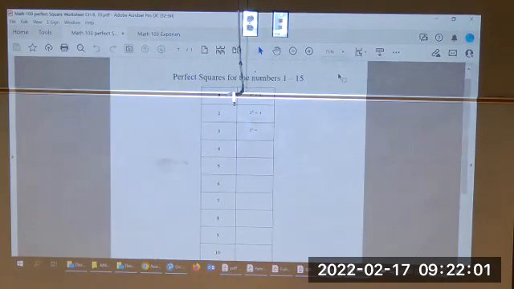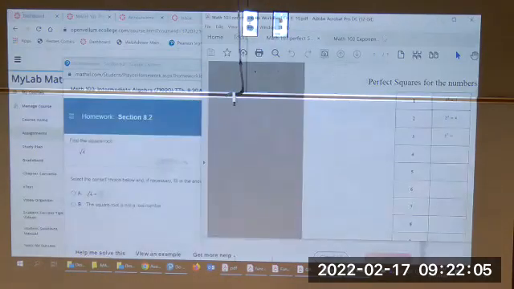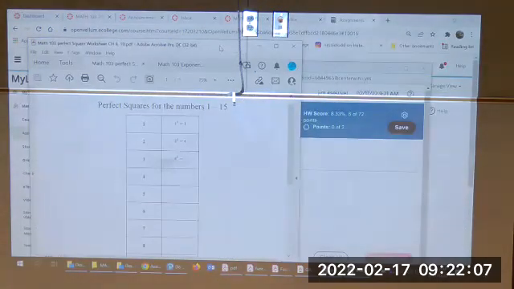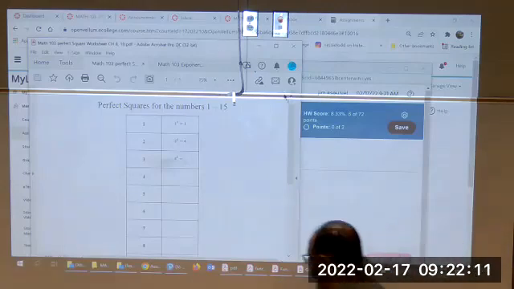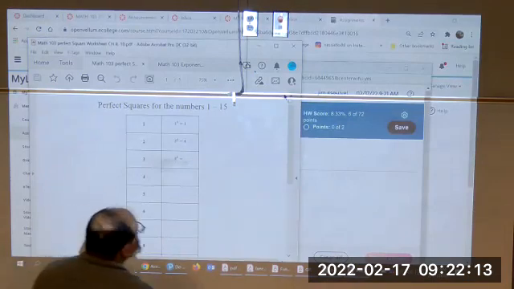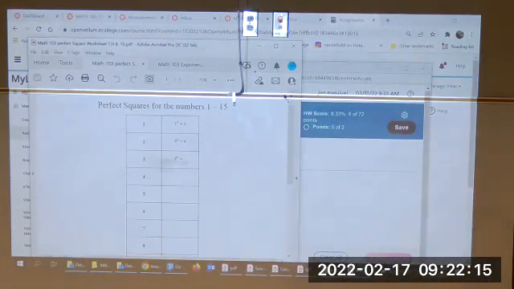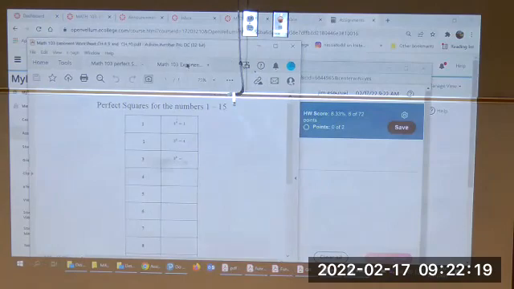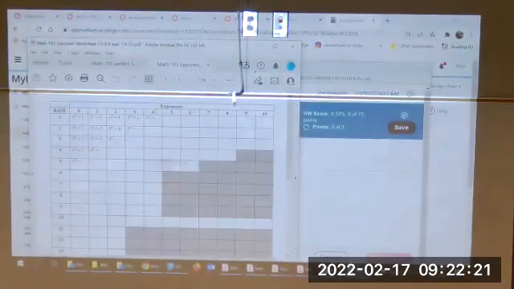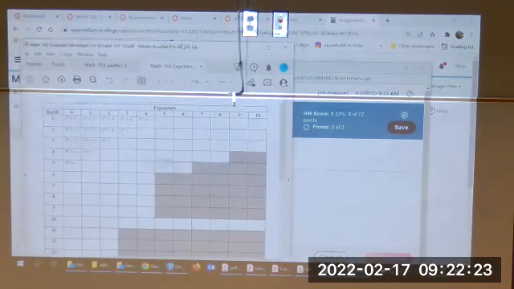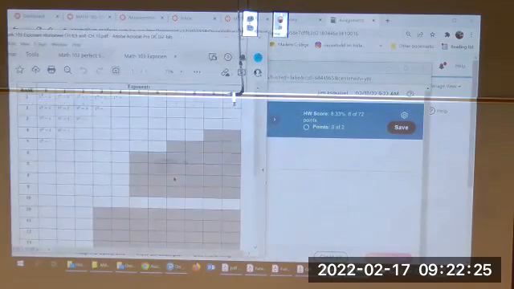Not going to be able to fit everything here, unfortunately, so I'll do it side by side. I need 15 on this small side.